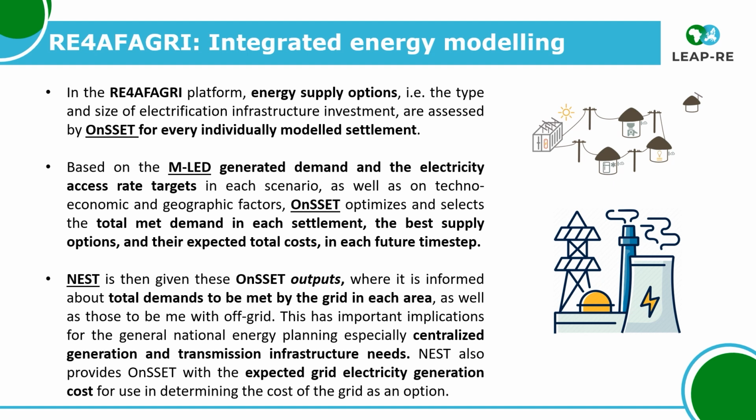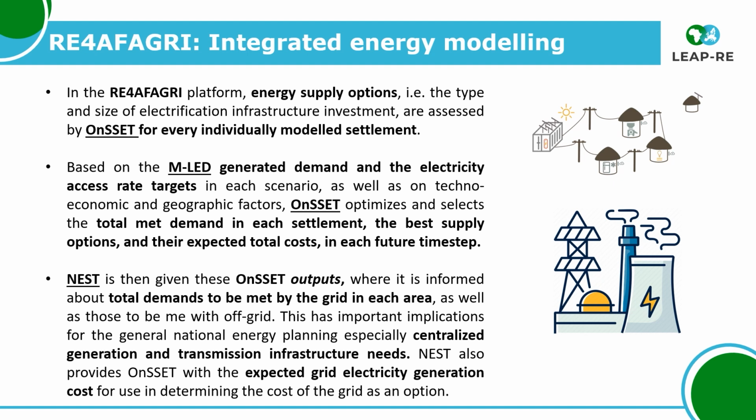These outputs are then given to NEST, where it is informed of how much demand is needed to be met by the grid in each of those areas, as well as how much is to be met off-grid. This has important implications for national electricity planning, especially the centralized generation and transmission infrastructure needs.